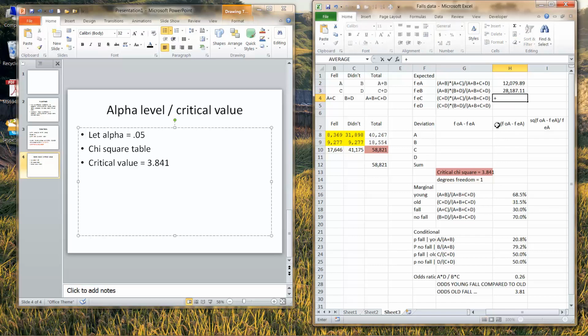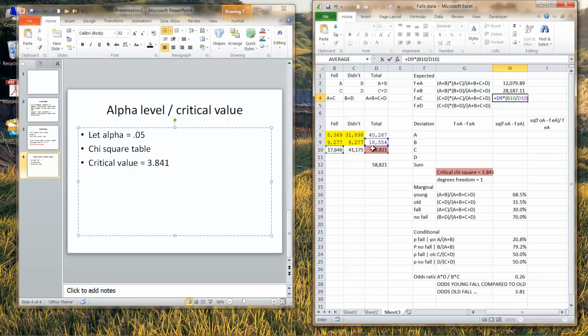How about C? We have C plus D times A plus C, which is our fall column, divided by our total.